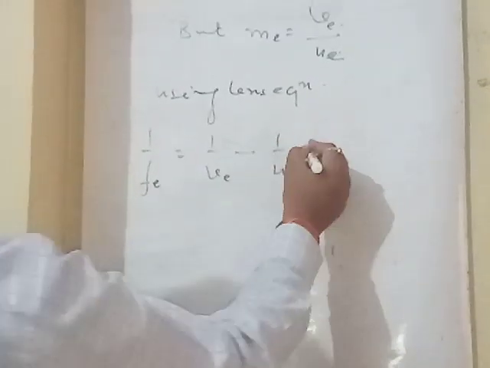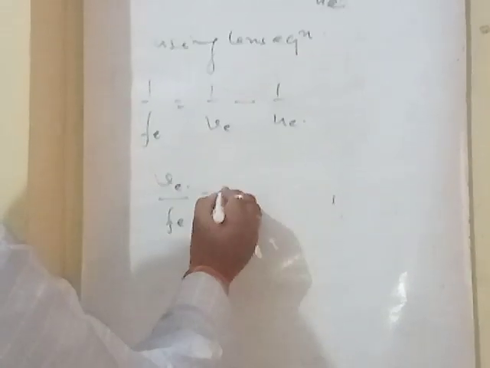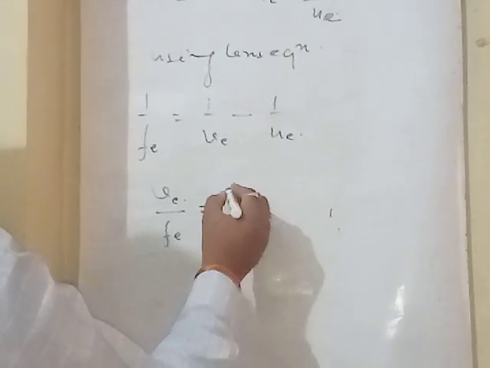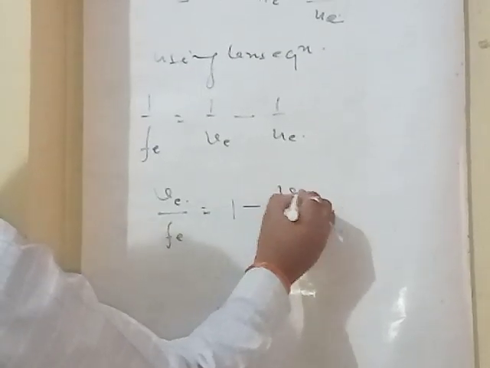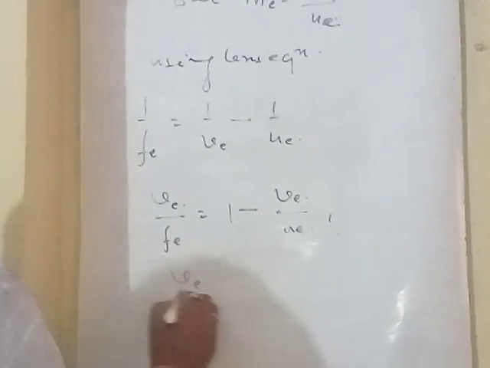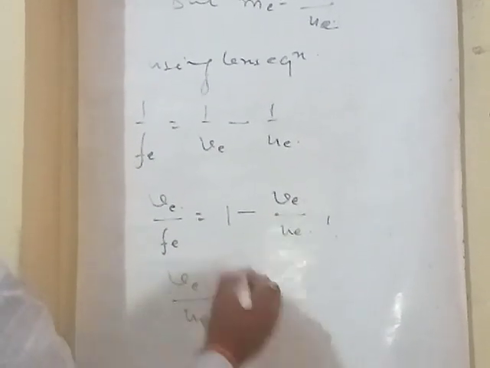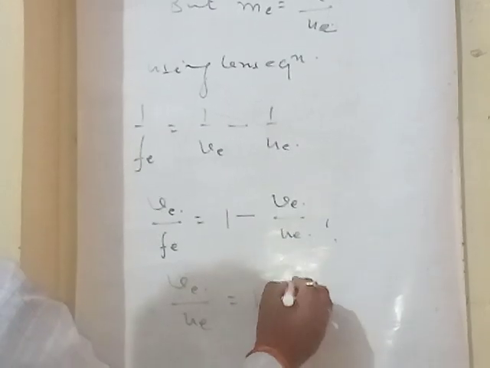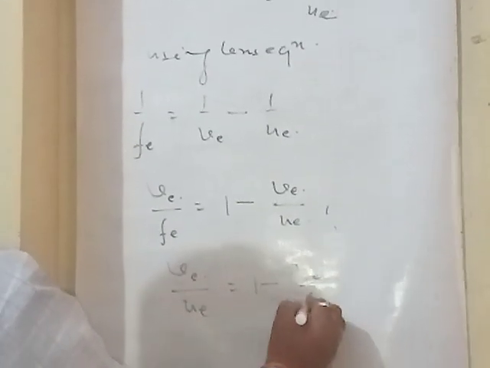Multiplying this equation throughout by VE, we have VE by FE equal to VE by UE minus 1, that is, VE by UE equal to 1 plus VE by FE.